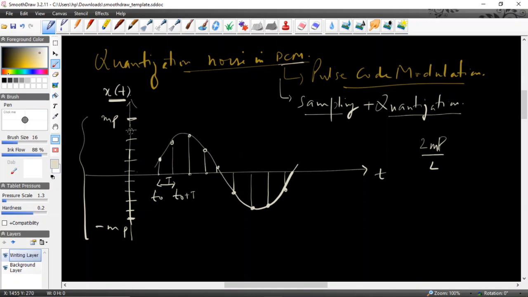So the width of each interval is 2MP by L, and then you force the amplitude to take a value which lies at the center of this interval.